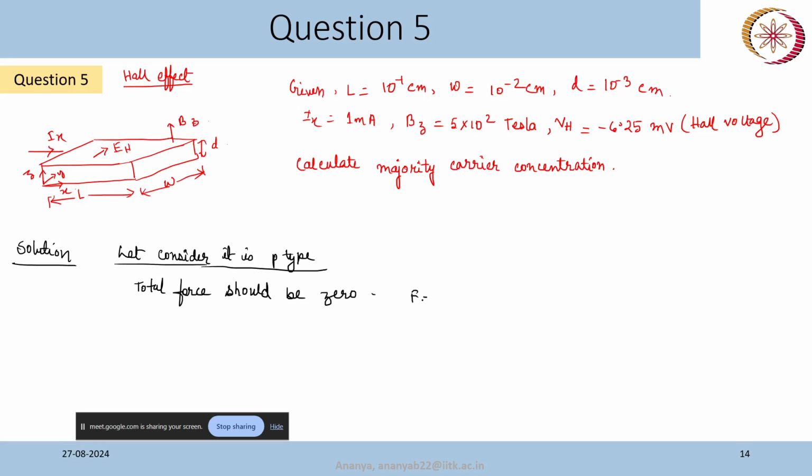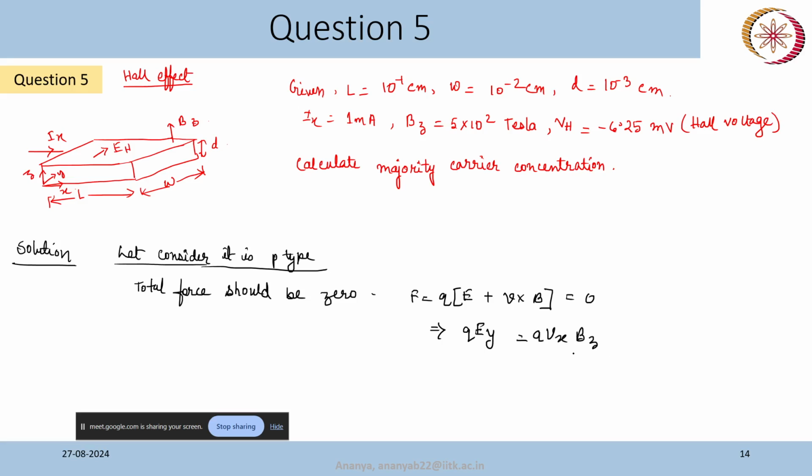So F is equal to, as I mentioned earlier, the force on the charged particles, which will be the force due to the electric field plus the force due to the magnetic field, that will be equal to 0. That means Q into Ey, the electric field is in the y direction, is equal to Q into Vx Bz.